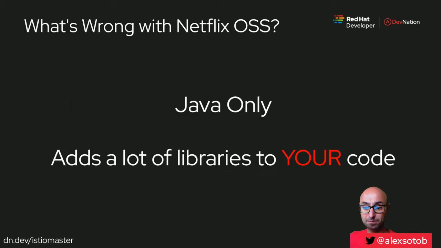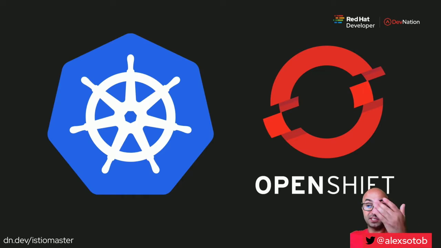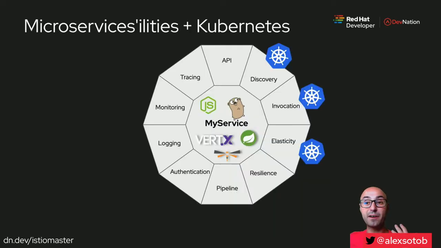Basically, if you start using Kubernetes and OpenShift, then we are more or less fixing some of these problems. For example, with Kubernetes, the discovery problem is solved by the Kubernetes service approach, which is like a stable IP and a stable DNS name. Then we've got the invocation.